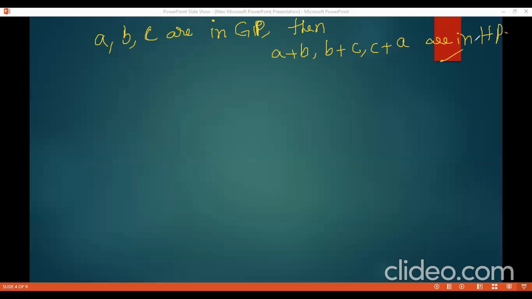Okay, this is very important. Understood? Like this, we can observe the different important points regarding AGP, and under that, the important results.